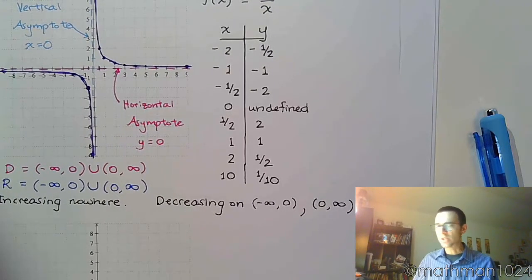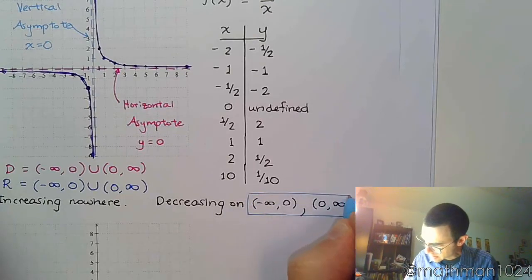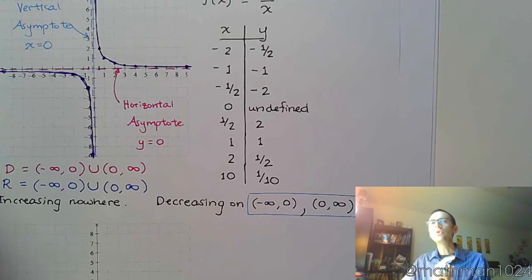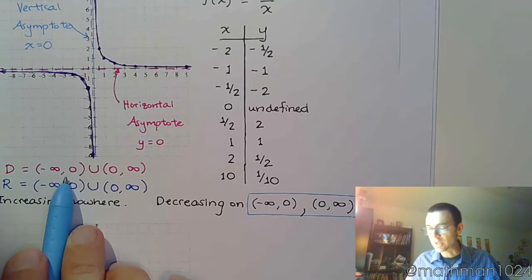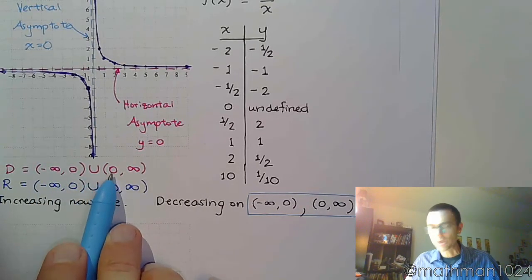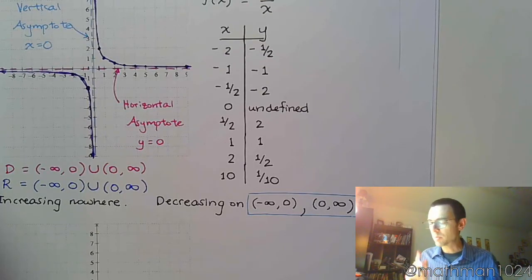So what you have to understand is that when you're typing this in MyMathLab, this is going to be the box that you type in. You don't use a union sign, okay? Now I know that for our domain, we said our domain is negative infinity to 0, union 0 to infinity. Because when we talk about domain, we talk about range, if there's a break, we use the union sign to connect that.